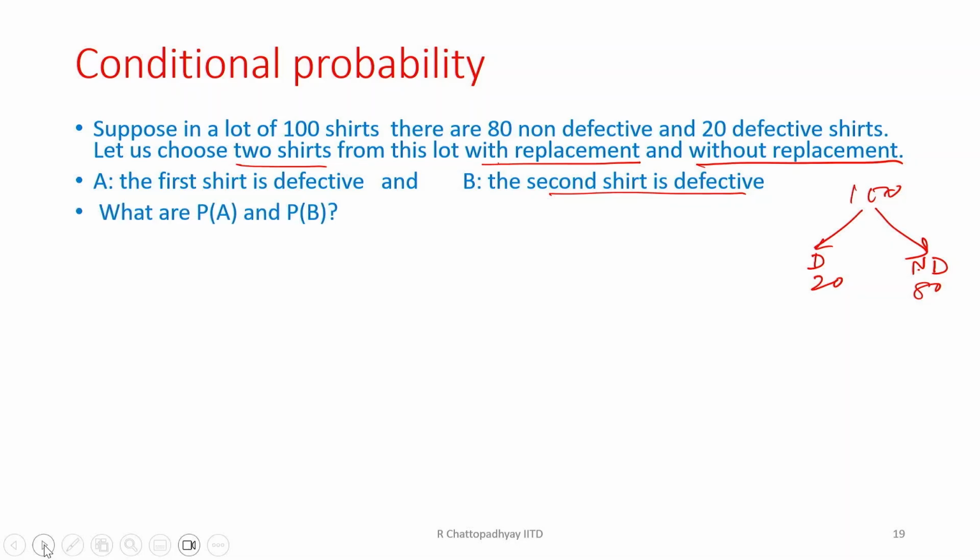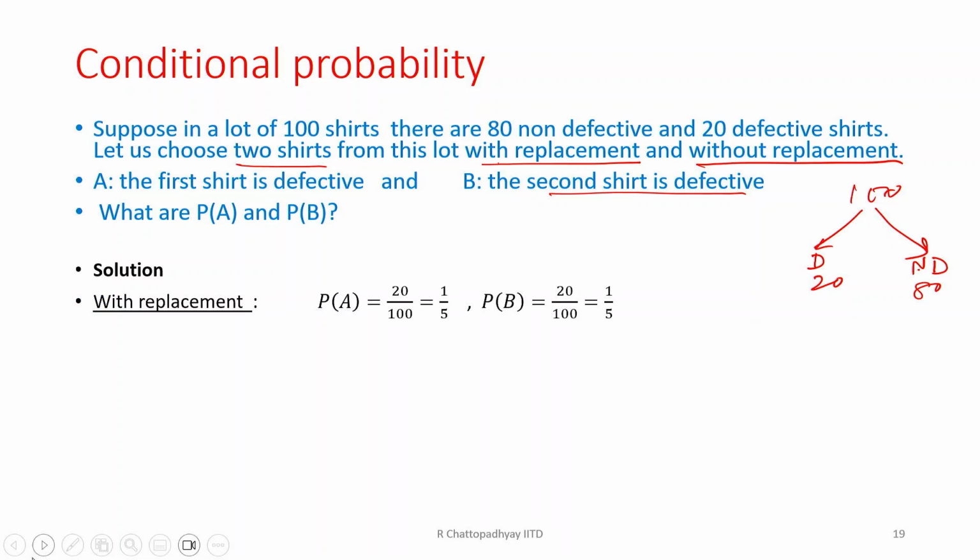Now, what are the values of P(A) and P(B)? The answer is simple. When I am going with replacement, that is, after picking up, I put the shirt back again and mix it with the lot, P(A) is going to be 20 by 100, because I have 20 defective shirts out of 100.